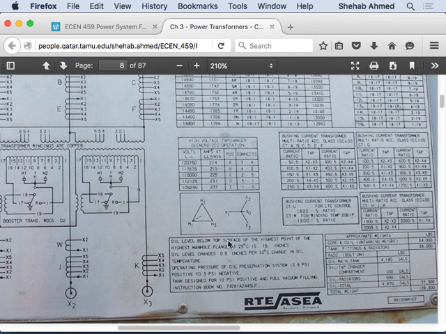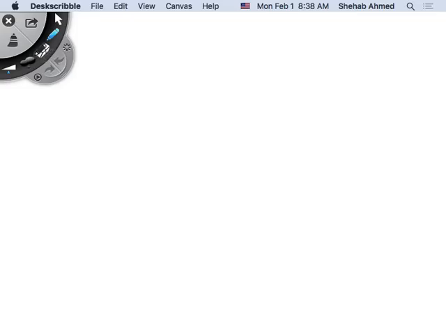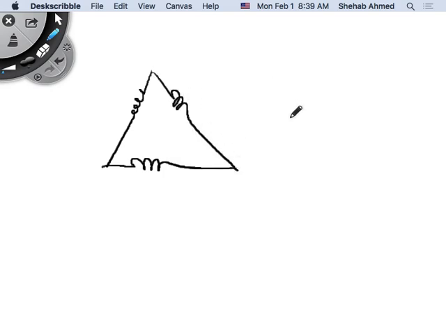The phases, yes, they will. The phase voltages will be in phase, because it's a transformer, right? Again, we will spend a lot of time on this, but I'll quickly look at it.